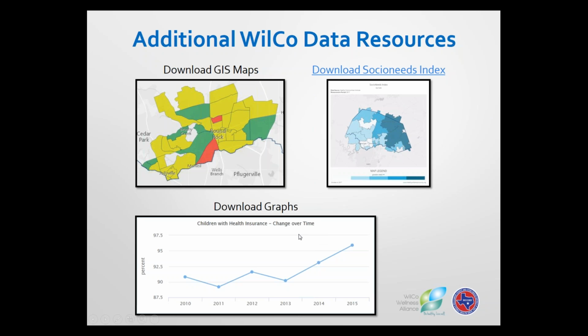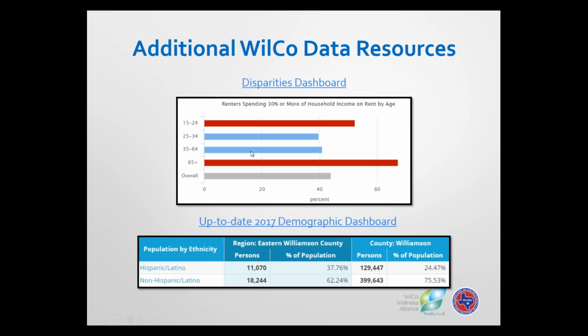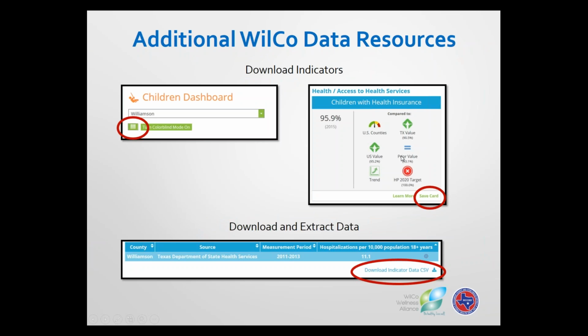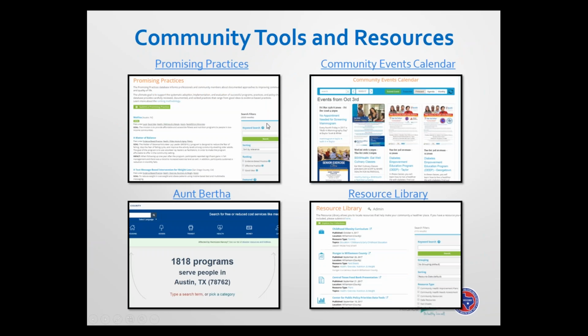You can download graphs. You can check out our different dashboards, our up-to-date 2017 demographic dashboard. You can download check data, download indicators, as well as the community tools and resources.